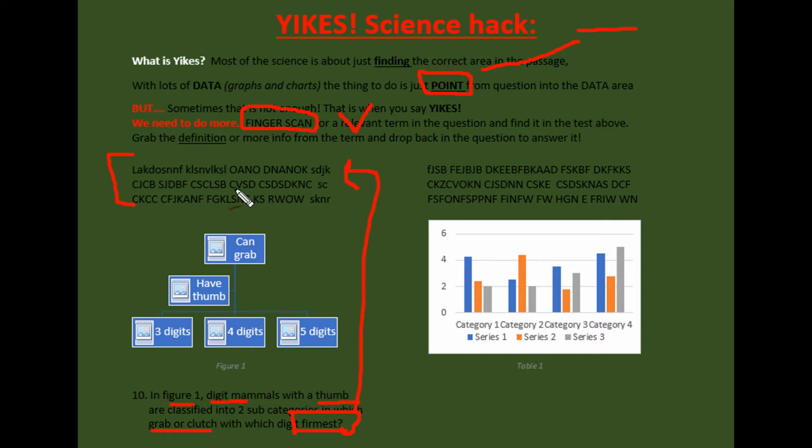It could say 50 pounds per square inch, which would be pretty firm. Tight. That's also a Scooby-Doo for firm. Oh, there it is right there. It says tight. I read this, and then it says something a little bit down here. It says ring finger. Okay? Then I would take that information and drop it back into the answer choices. Okay? That is a yikes.